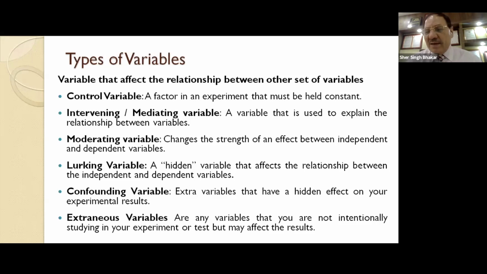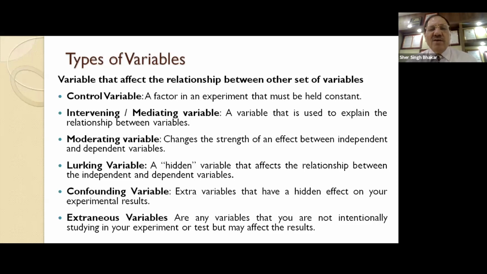So a control variable is a variable that is not part of the study, but the researcher tries to ensure that the variable does not affect the relationship, or that variable is controlled. Now we will see that there are other variables that can also affect the relationship, but they cannot be called control. A variable is called control only when the researcher is able to control it.